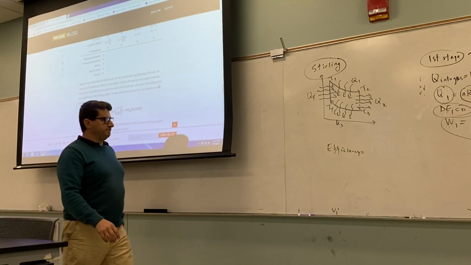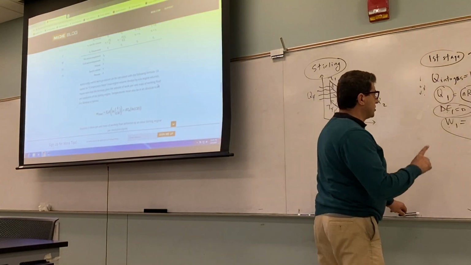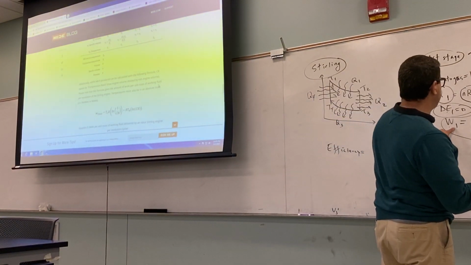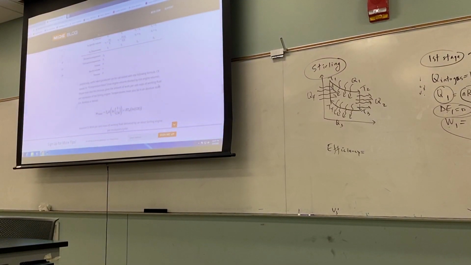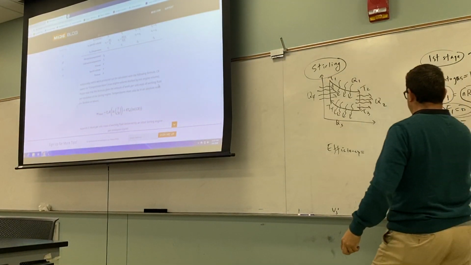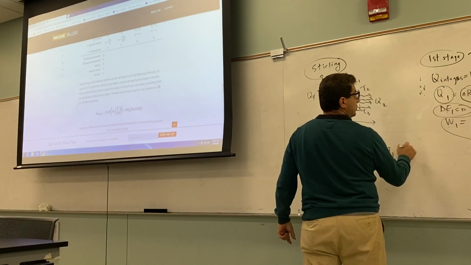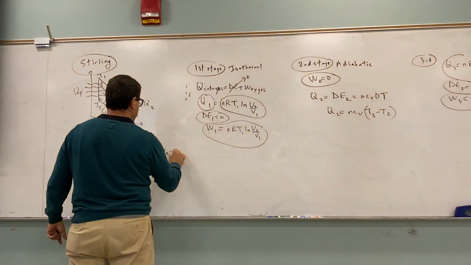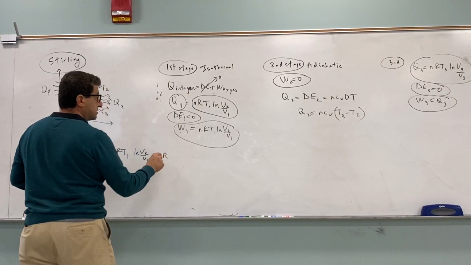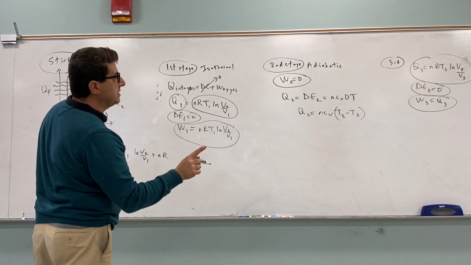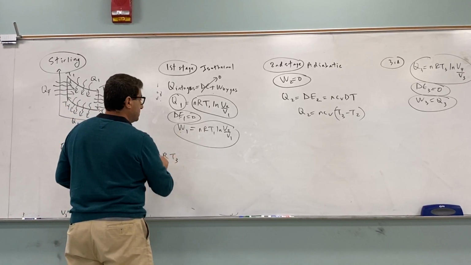It's going to be the total work done. So W1, there's no W2, there's no W4. W3 is just going to equal that. So it's going to be nRT1 ln V2 over V1 plus nRT3, right?